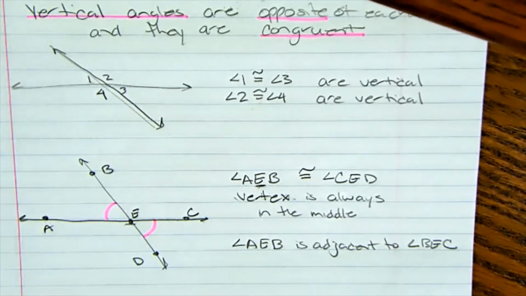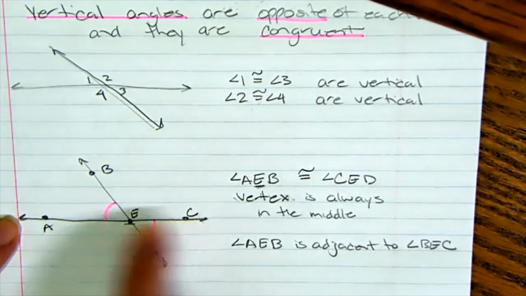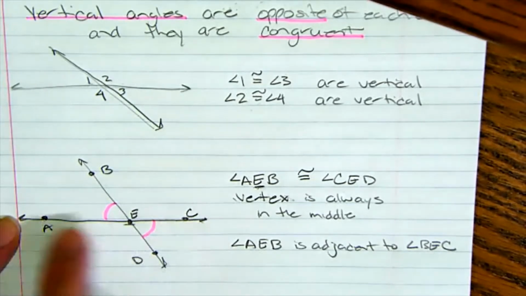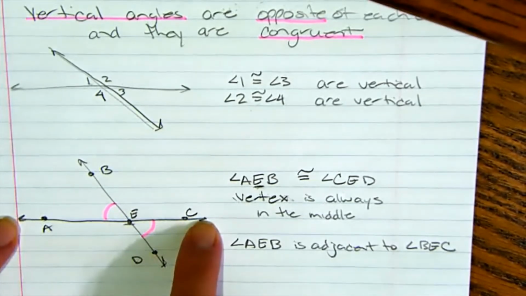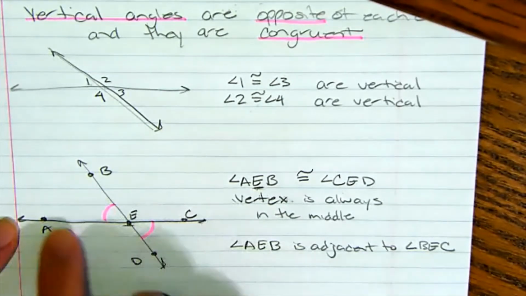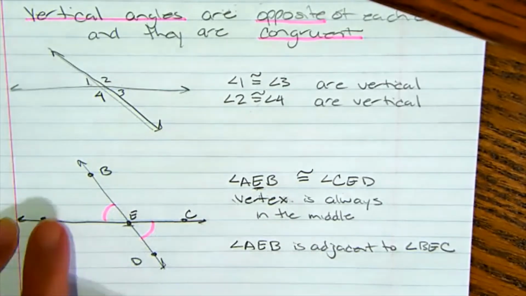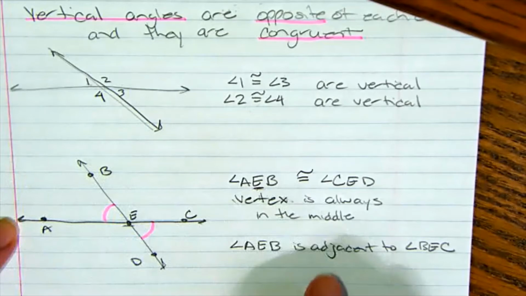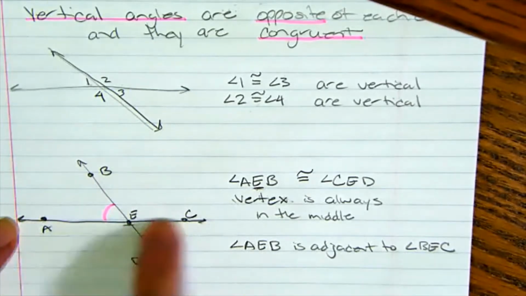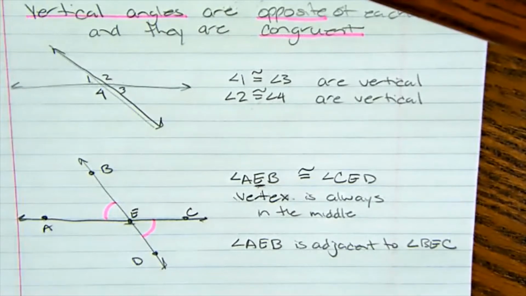And that's helpful too, because we know that this is a straight line. AEC is a straight line. And we know a straight line is 180 degrees. So if we know this is 180 degrees, we know that angle AEB plus angle BEC has to equal 180 degrees. That's going to help us. So let's jump into that.